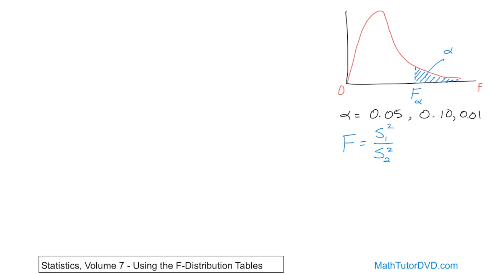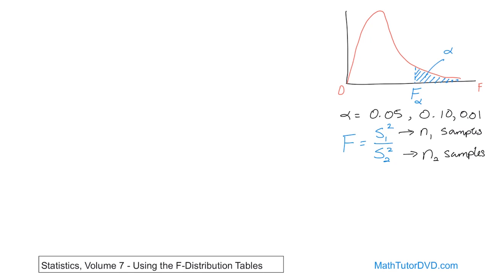This sample variance that you got came from N1 samples, and this one came from N2 samples. So the bottom line is, we're going to show you a table in just a second, and you're going to have to know how many samples you drew from population 1, how many samples you drew from population 2, and then we're going to be using that to read off the values.